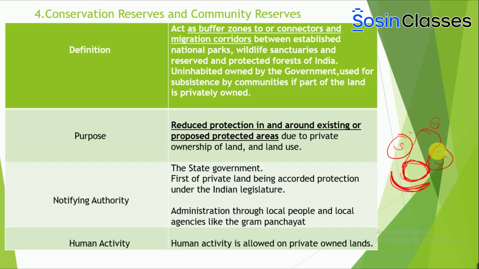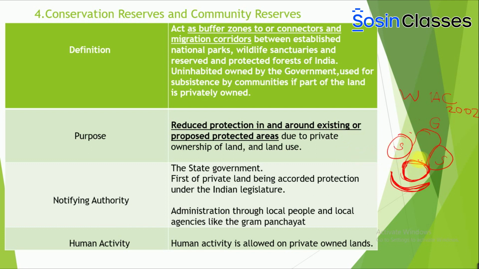Conservation and community reserves were added as protected zones in the Wildlife Amendment Act of 2002. The reason we have these areas is that there is a reduction in protection in and around existing or proposed protected areas.